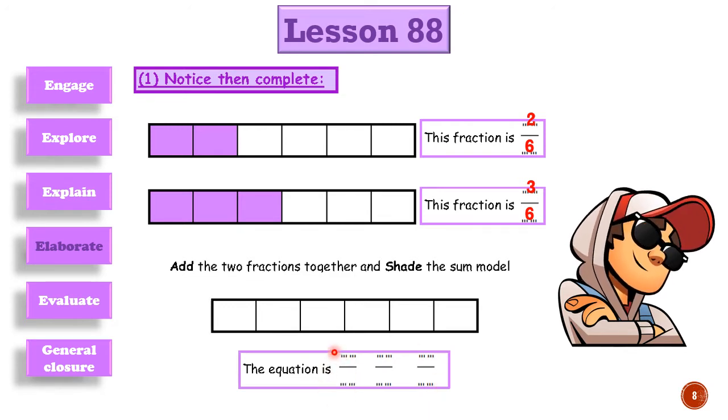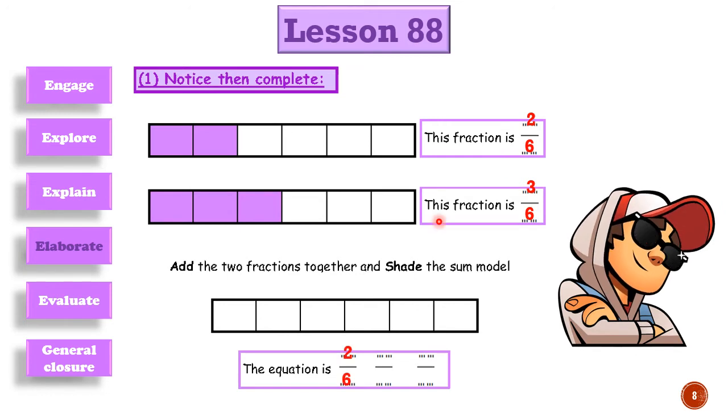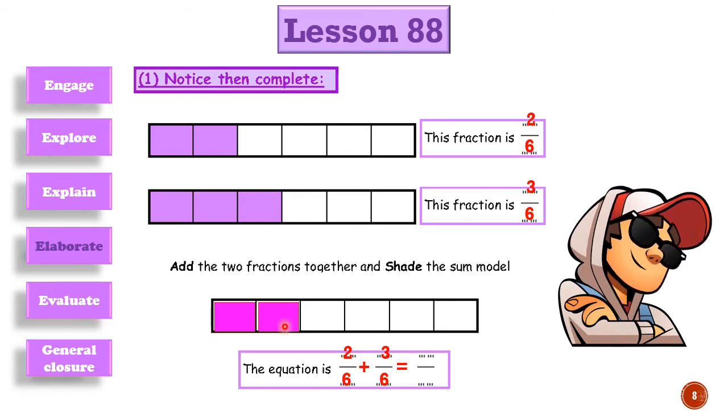In the first space, we will put the first fraction, which is 2 sixths, like this. And the second fraction, which is, yes, 3 sixths in the second part. Put a plus between them, then put equal. First fraction is 2 sixths, so we will color just 2 squares.